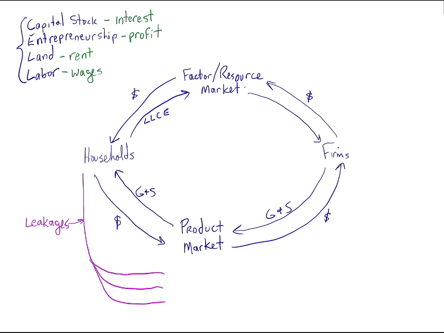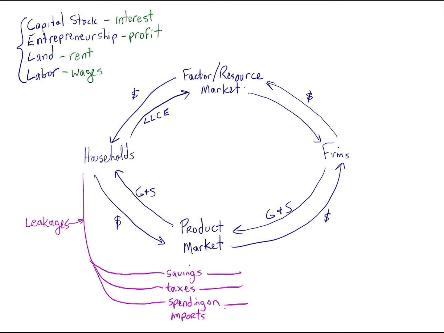And the leakages are savings, taxes, and spending on imports. Now, what happens though is that these three items will find their way back into the circular flow diagram.